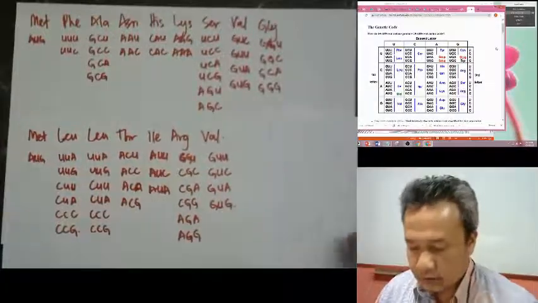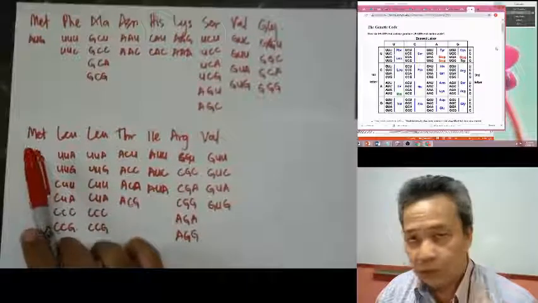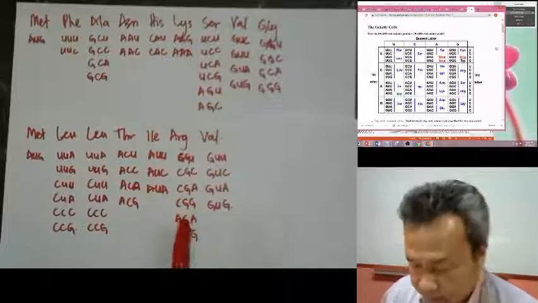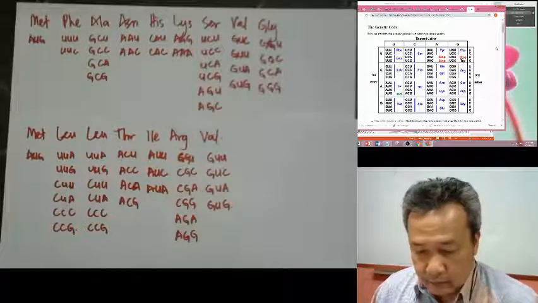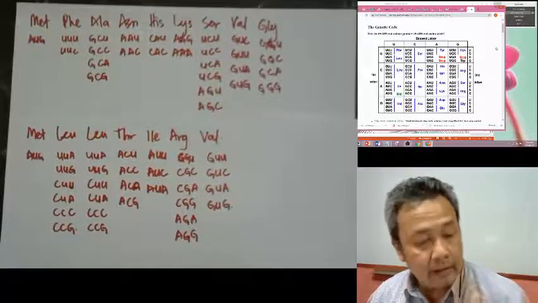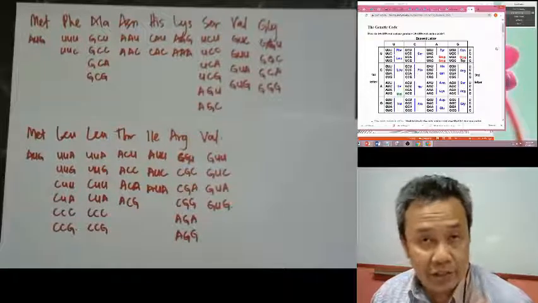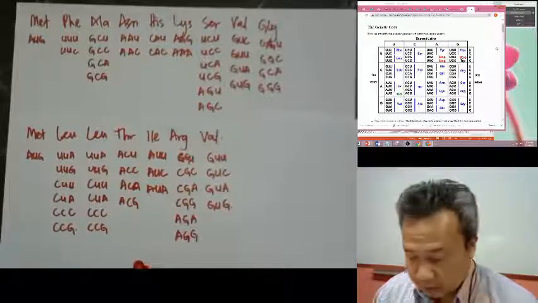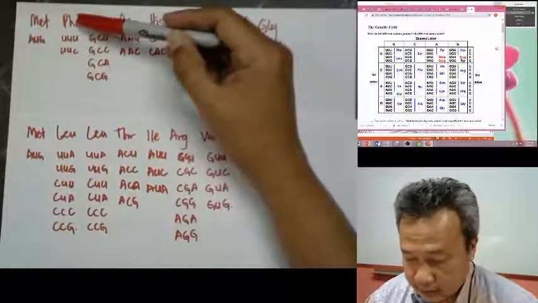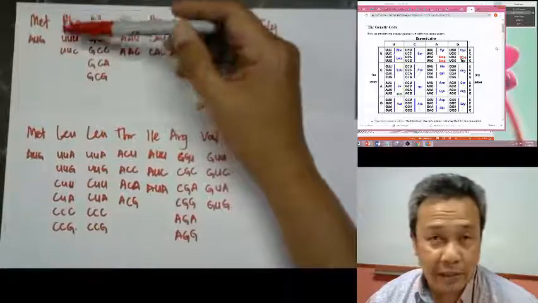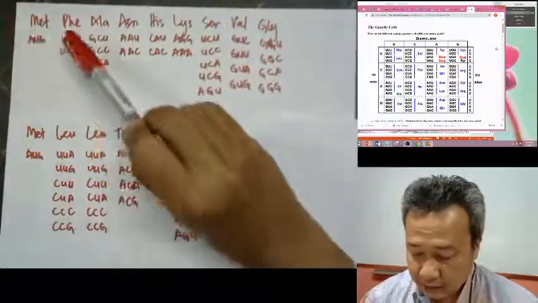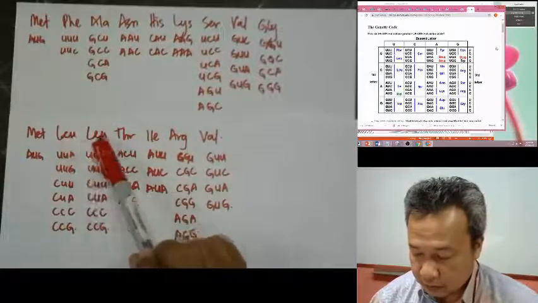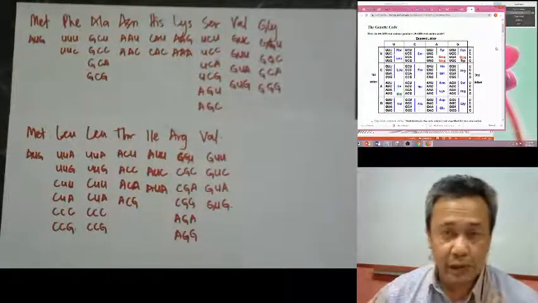So again, with this sequence you have a few options in which one's correct. The mutation is an insertion or deletion, and the clue is that the change occurs very early. From methionine it stays the same, but then straight away it changes to leucine. So that will be the first clue.